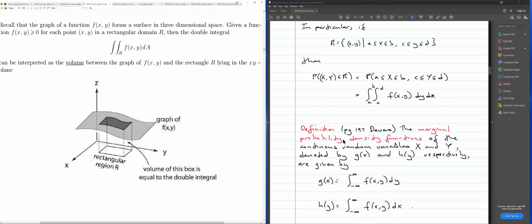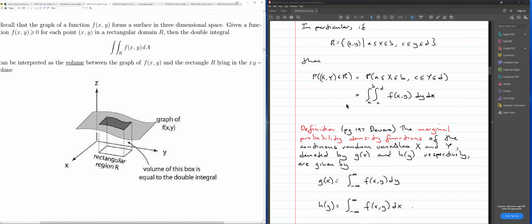In this case, the rectangular region is that x is lying between a and b, and y is lying between c and d. So if I want to get the probability that my random variables x and y are lying in this region R, the values of my random variable are lying in this rectangular region R.